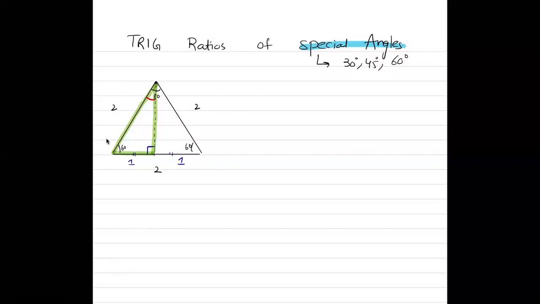All right. So the top angle will be 30, right? Yes, this angle is going to be of a value of 30 degrees.